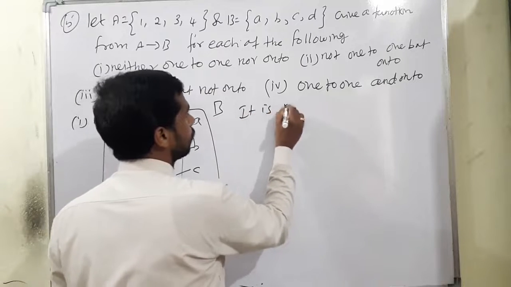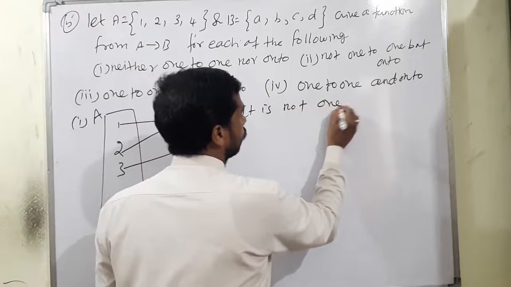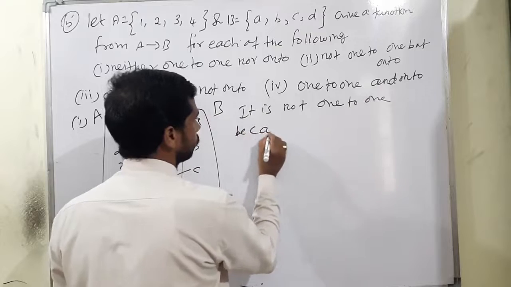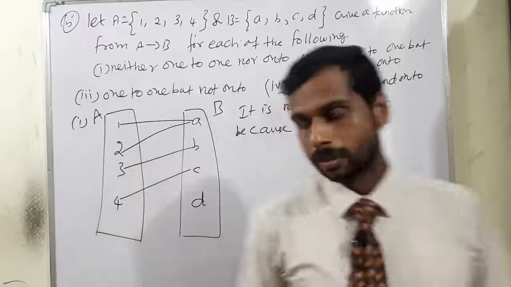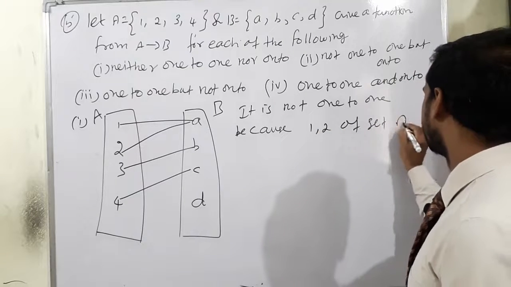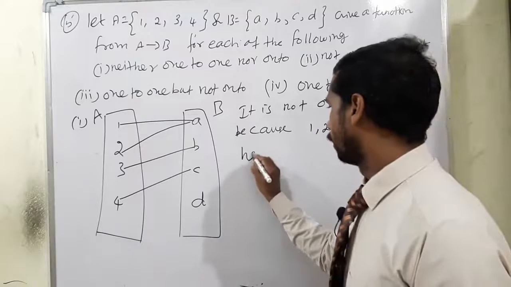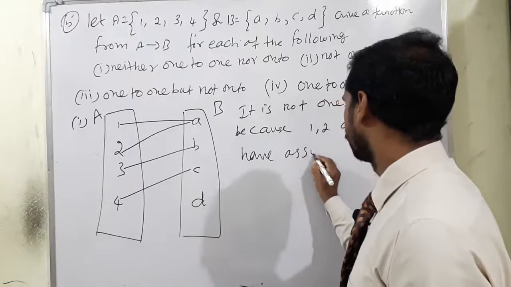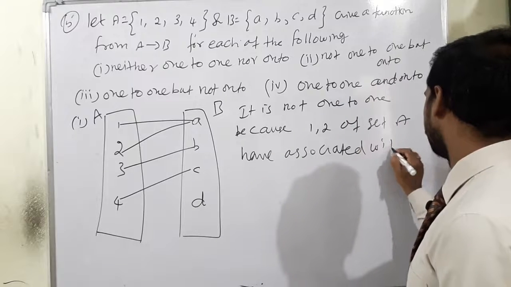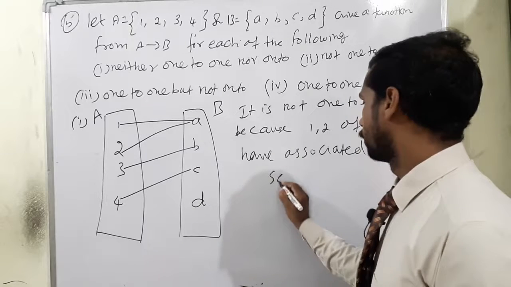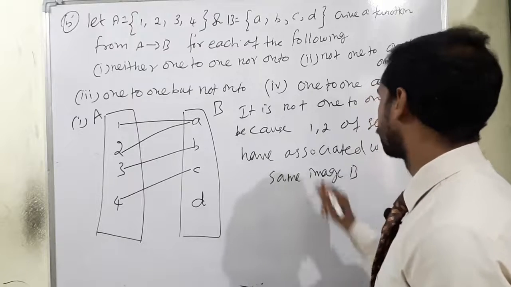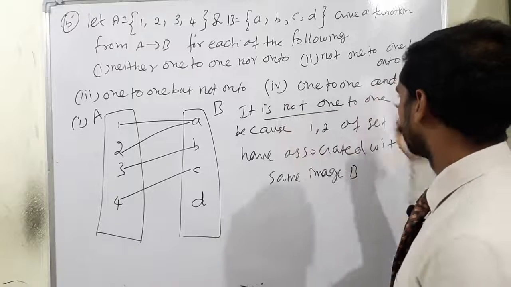It is not 1 to 1 because 1 comma 2 of set A have associated with the same image in B. That's why we are saying it is not 1 to 1.